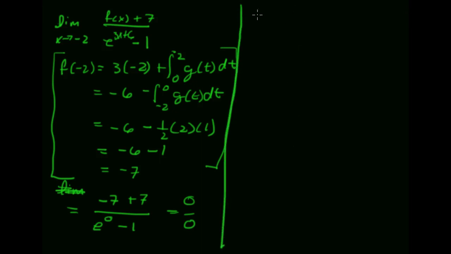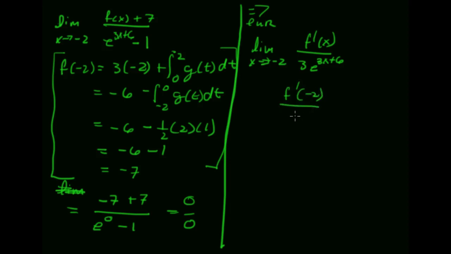When I apply L'Hopital's rule here, I get the limit as x approaches -2 of f prime of x over 3e to the 3x plus 6, right? So I need f prime of -2 over 3.